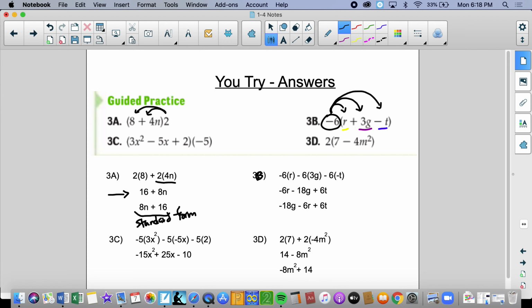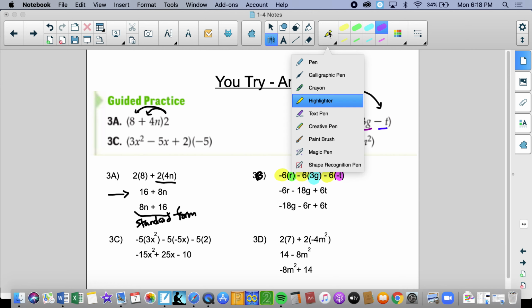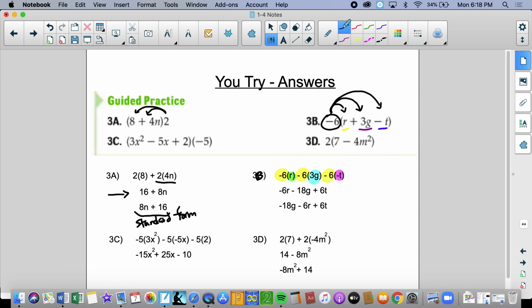Notice in each of these we have negative 6, and we're distributing it to r, 3g, and negative t. So negative 6 times r gives me negative 6r. Negative 6 times 3g gives me negative 18g. And negative 6 times negative t, two negatives multiplying make a positive, gives positive 6t.